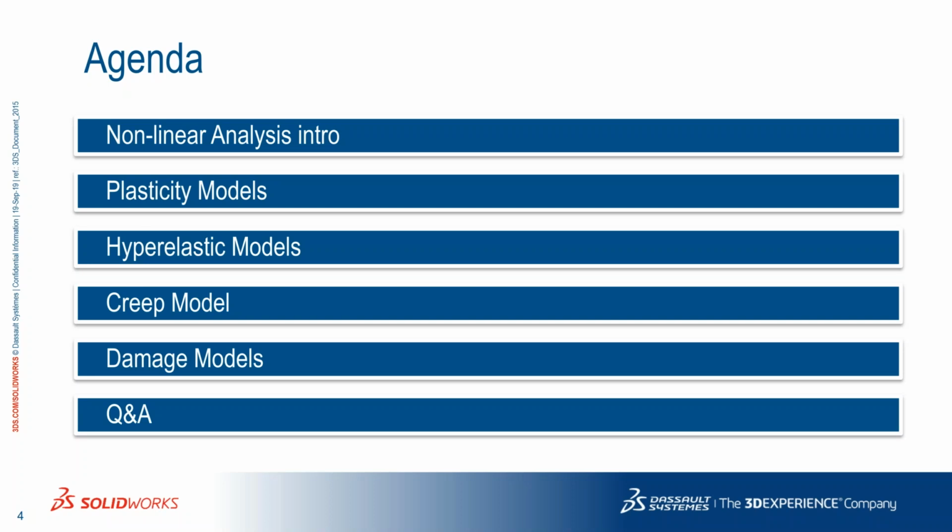We will see briefly the creep model and the damage model. The damage model means also that the mesh inside the analysis can be broken, so we will see something interesting about that. And in the end, the question and answer session.